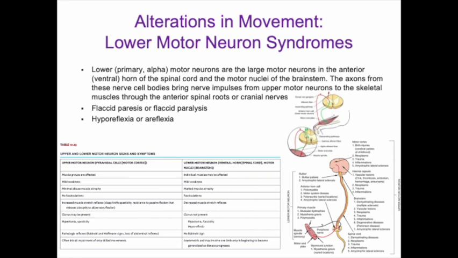We will see flaccid paresis or flaccid paralysis with lower motor neuron syndromes, as well as hyporeflexia or areflexia. You can use this table to help differentiate between the previous slide showing upper motor neurons with the lower motor neuron type differences.